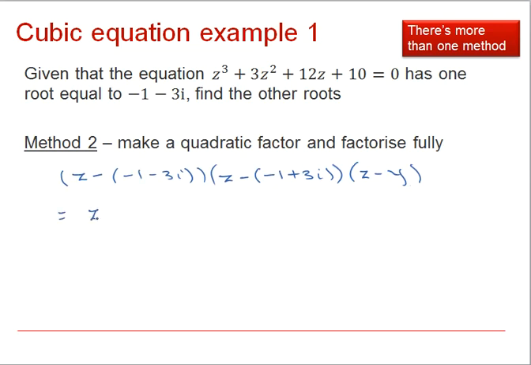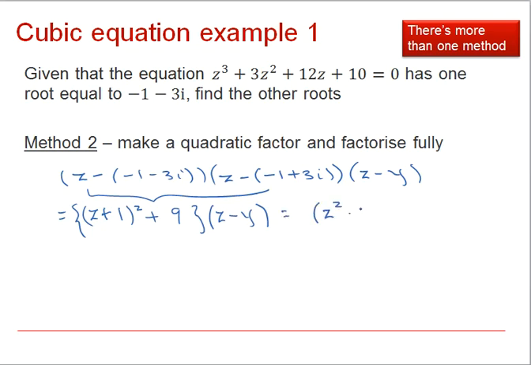Using that same way I did before of making those two become z plus 1, squared, plus 9. Then I'll be multiplying that by this z minus gamma. This leads to z squared plus 2z plus 10 times z minus gamma.